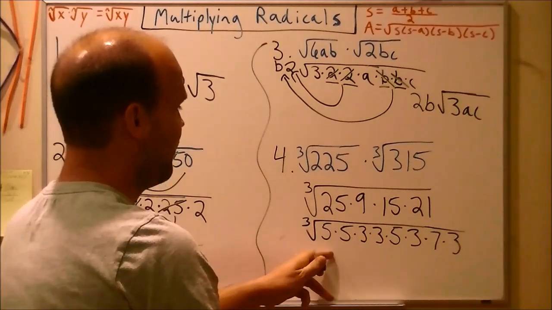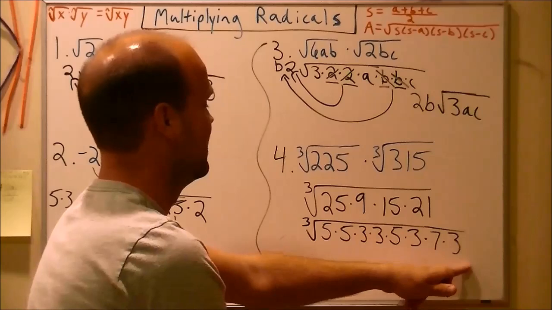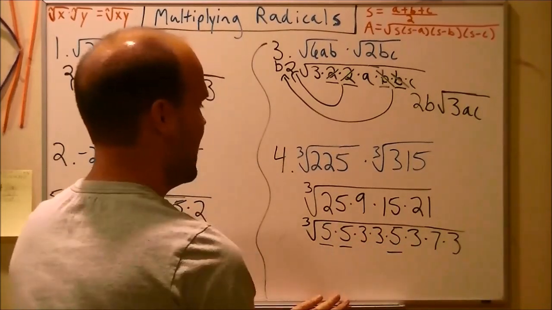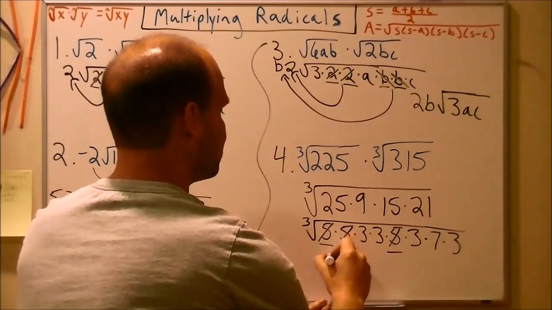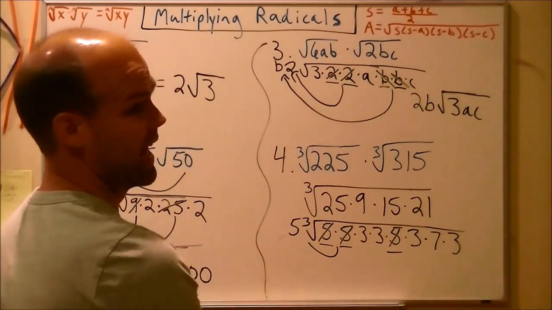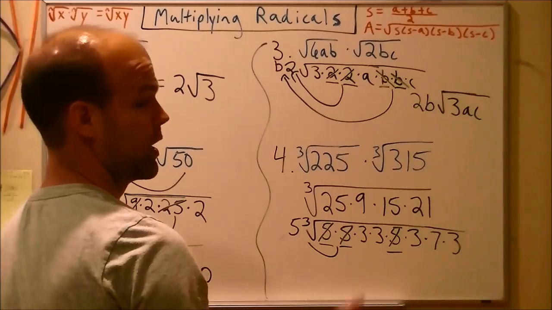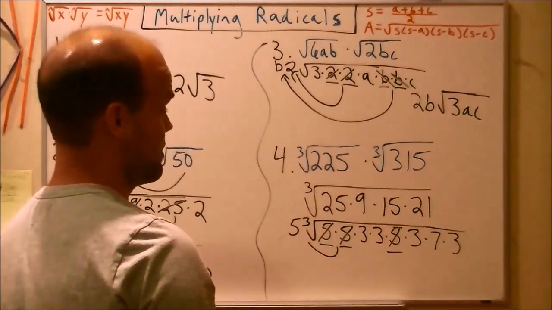Do I have three appearances of any number under here? Yes. There's a 5, there's a 5, there's a 5. I can cross out all three of those 5s and pull out one 5 to the outside of the cube root symbol. Do I have any other numbers that appear three times?